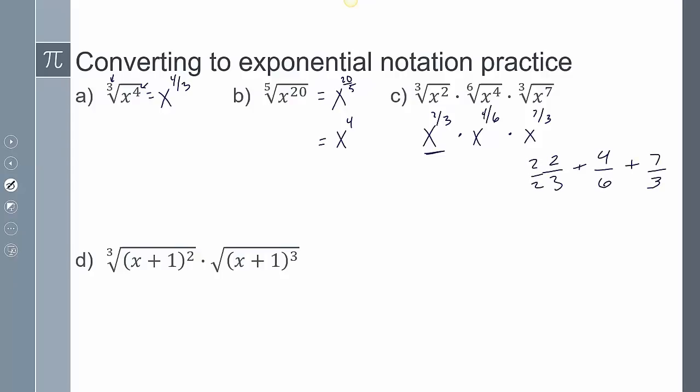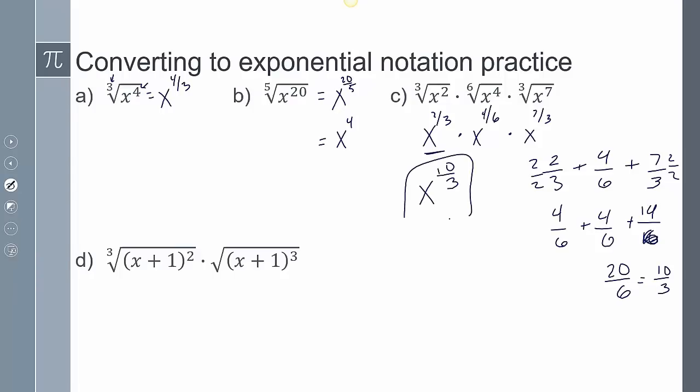Well, this needs a 2 over 2. This needs a 2 over 2. So you get 4/6 plus 4/6 plus 14/6. And that's going to give us 22. That's going to give us 22/6. And I could reduce that into 11/3. And so I can say that this is x to the 11/3.